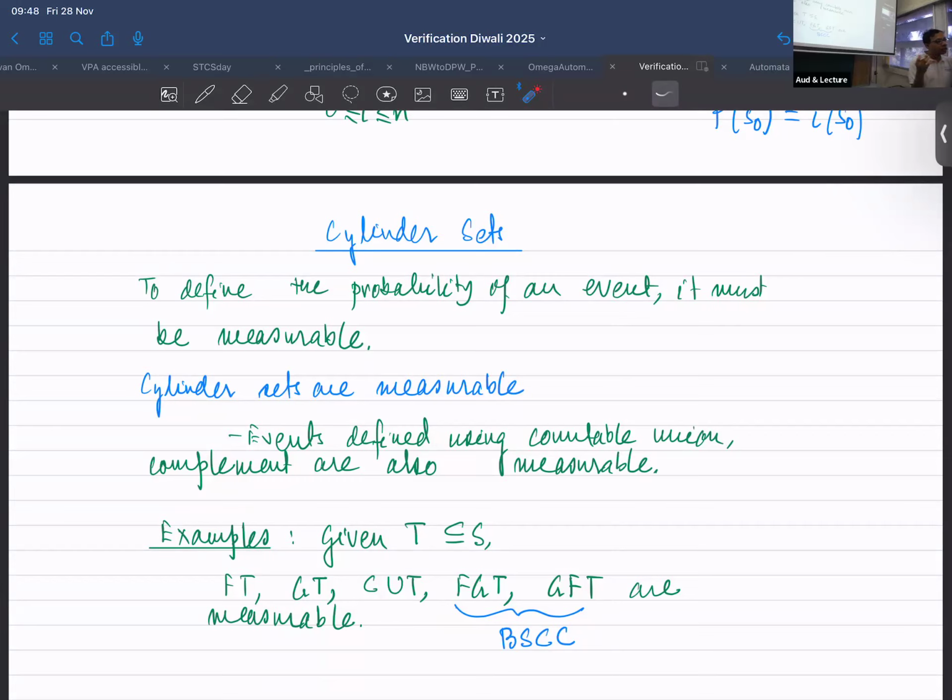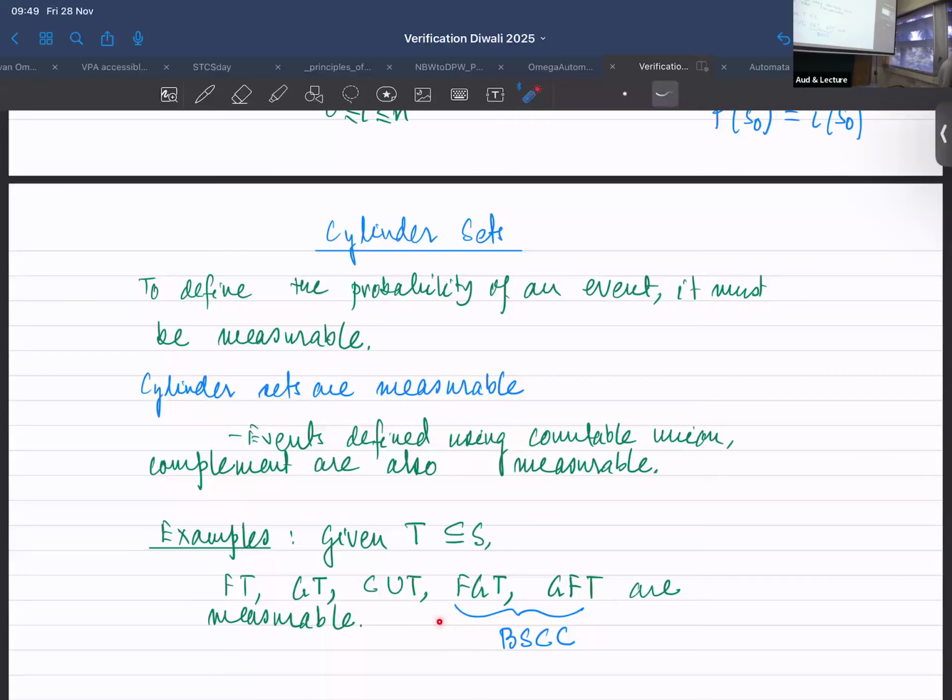So you can say, suppose a countable union of some cylinder sets is measurable, and a countable union of countable intersections of measurable sets is also measurable. And then sometimes you can talk about union of intersection or intersection of union and so on, right?